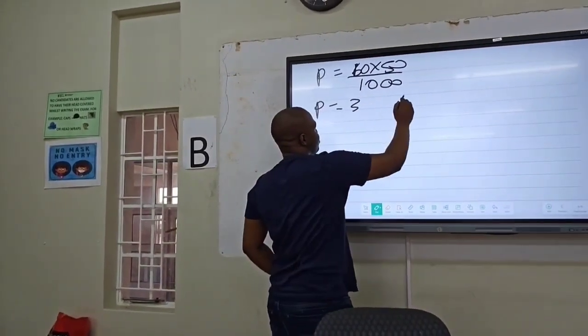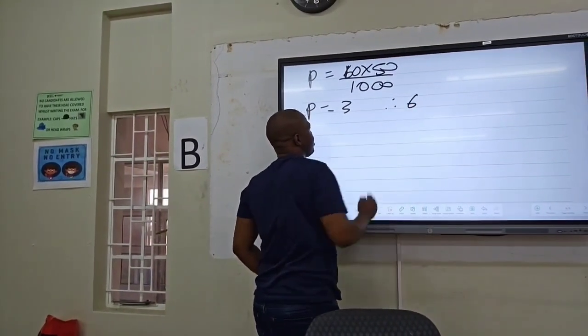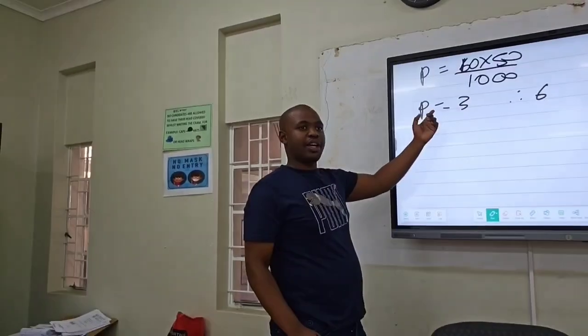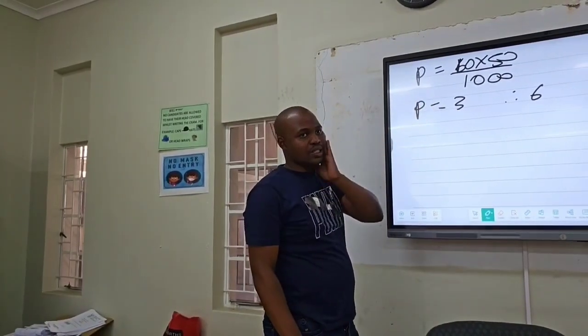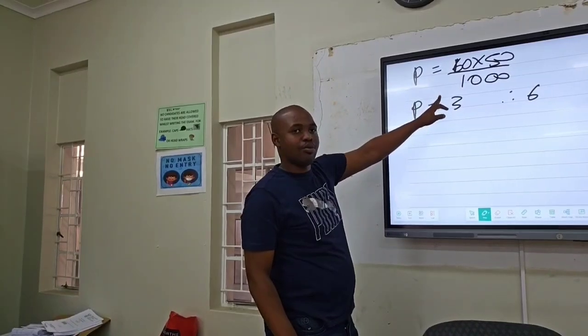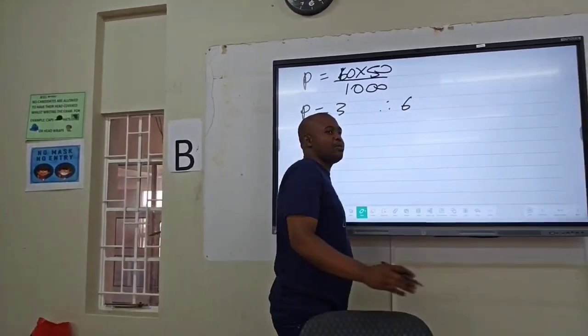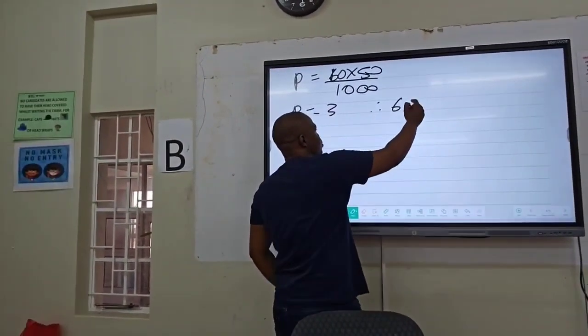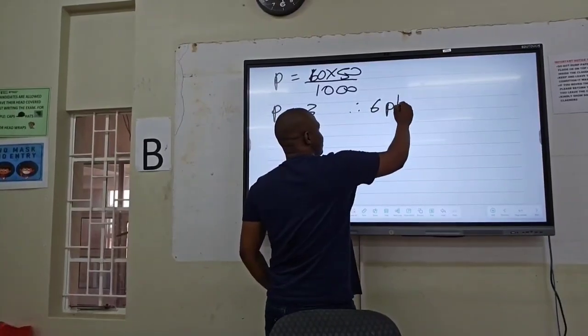That means how many poles do we have? Remember, P is the number of pole pairs, not the total number of poles. So there are 3 pole pairs, which means the total number of poles is that multiplied by 2.